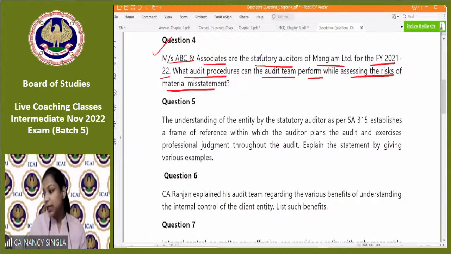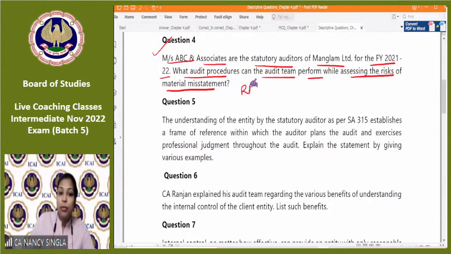I'll explain this third question again. First, answer me the fourth question. Radhika, Karthik, I'll explain, wait. See, this question is simply asking you about risk assessment procedures. What audit procedures can the auditor perform while assessing the risk of material misstatement?